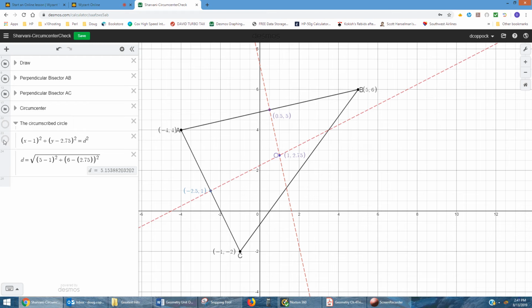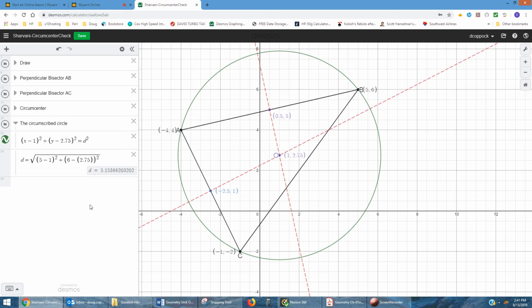And this is the equation of a circle that has this center and this radius of D. x minus 1, the quantity squared, plus y minus 2.75, the quantity squared, equals d squared. That's the equation of a circle. And if I highlight that circle, boom, there it is. It's going through all 3 points of the triangle.